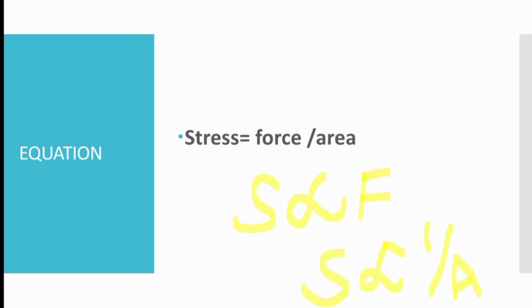That is, as the applied force increases, stress also increases. And if the applied area is small, then the stress will be higher. So, force is directly proportional to stress and area is inversely proportional to stress.